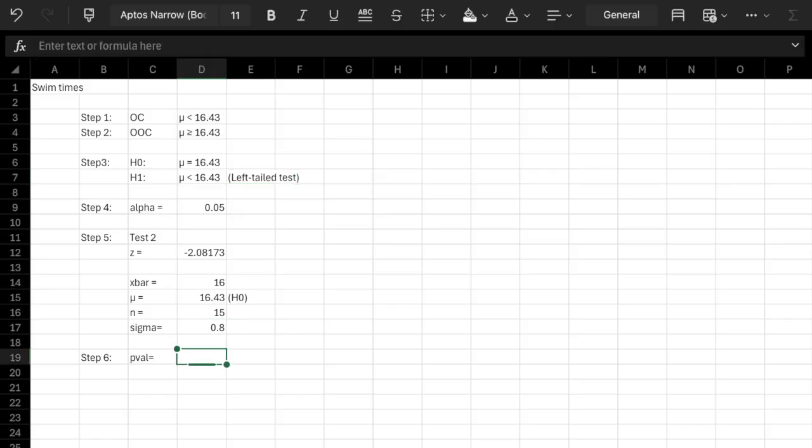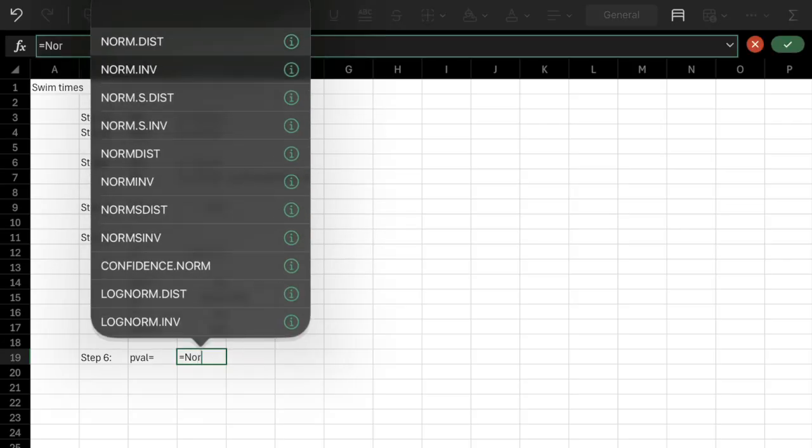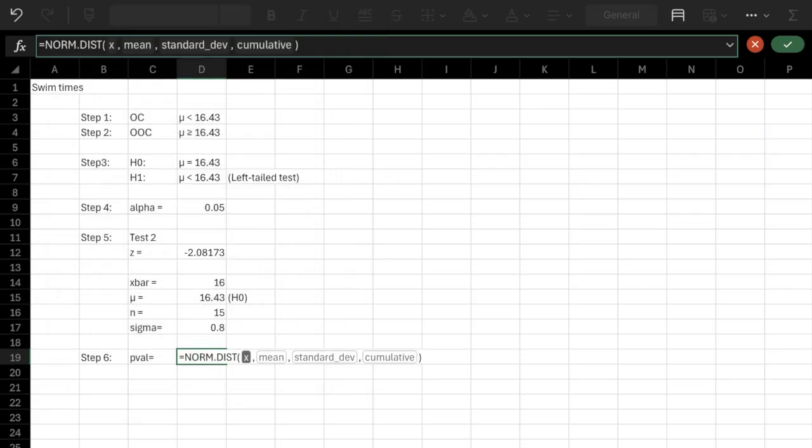Okay, and if it's a left-tailed test, I'm looking for the area to the left, which is exactly what Excel naturally gives me. So I'm going to use NORM.DIST, norm because this is normally distributed. That's what test 2 is. I'm going to put in my test statistic right there. Mean is 0, standard deviation is 1, and cumulative is 1. I'm going to push this.